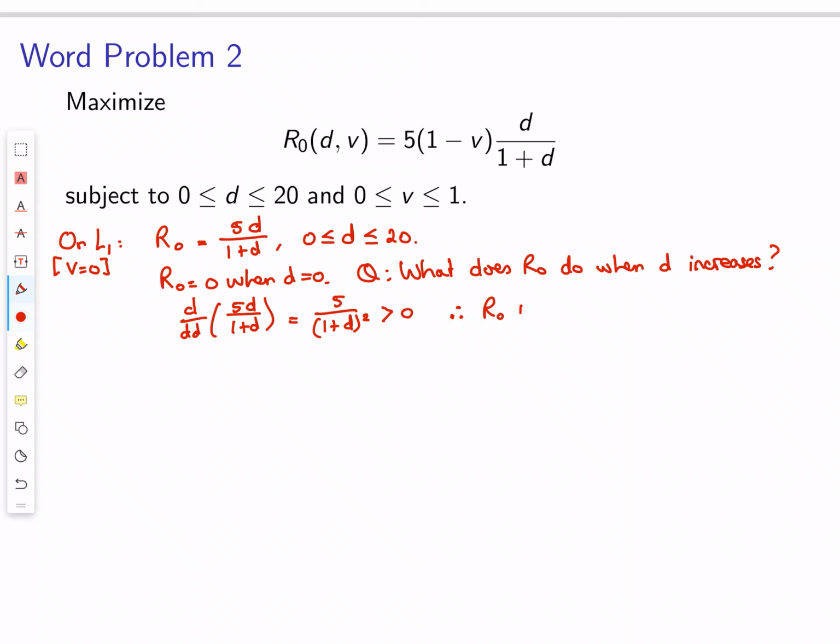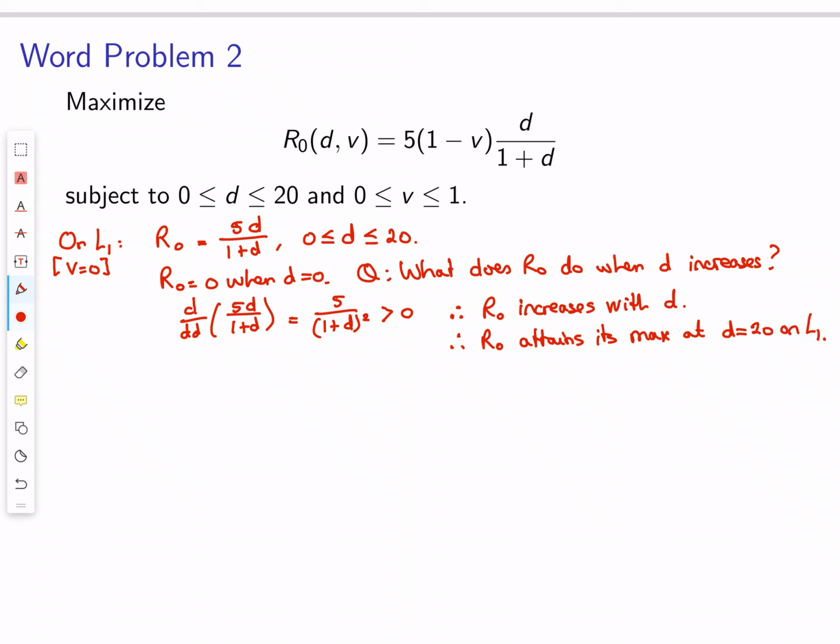Therefore, R naught increases with D, and that says that R naught attains its max at D equals 20 on L1.